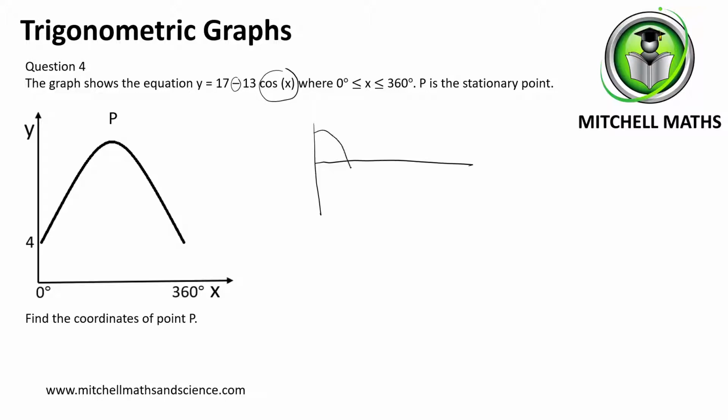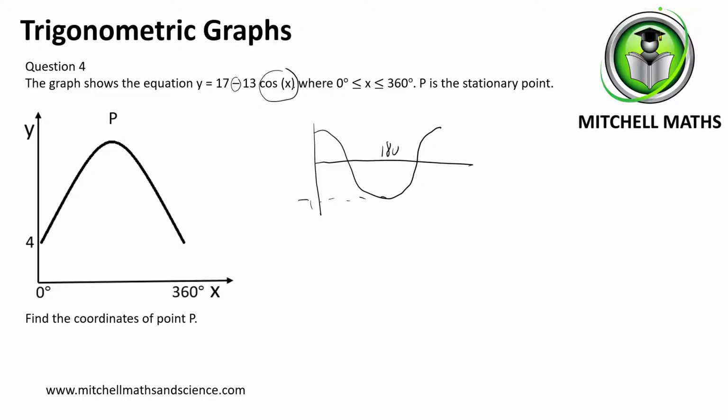And if we think of the cos x graph, it looks a bit like this. And the minimum point it goes to is -1. 17 minus 13 cos x is going to be the biggest when cos x is equal to -1, because that's the most negative it gets. And that happens at 180 degrees.